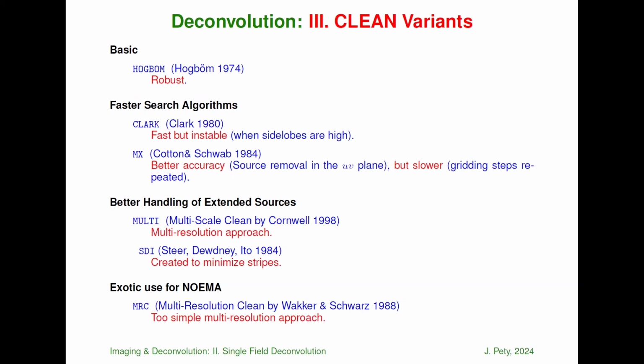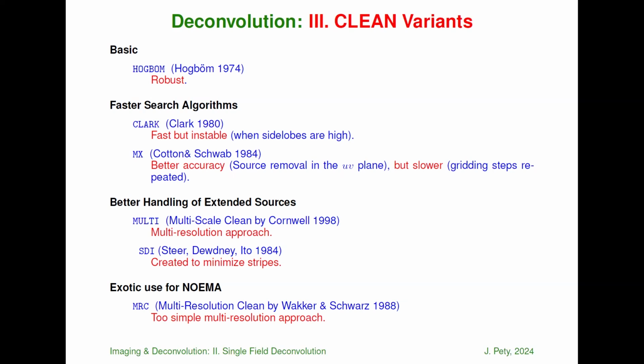That way, the artifacts will be lower because the artifacts are proportional to the flux you have in your initial data. And so they are doing the subtraction on every major cycle in the UV plane and reimaging. Because they reimage, MX is slower than Clark.